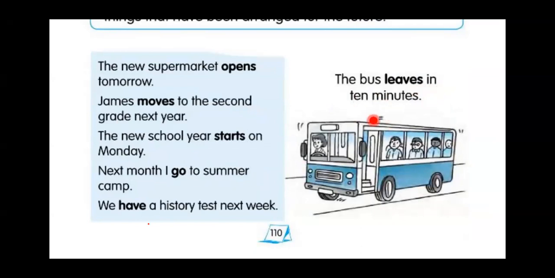So here also we are talking about the future, something that will happen. The new supermarket opens tomorrow. So what is the future tense? Opens. James moves to the second grade next year. The new school year starts on Monday. So here these are the verbs used.